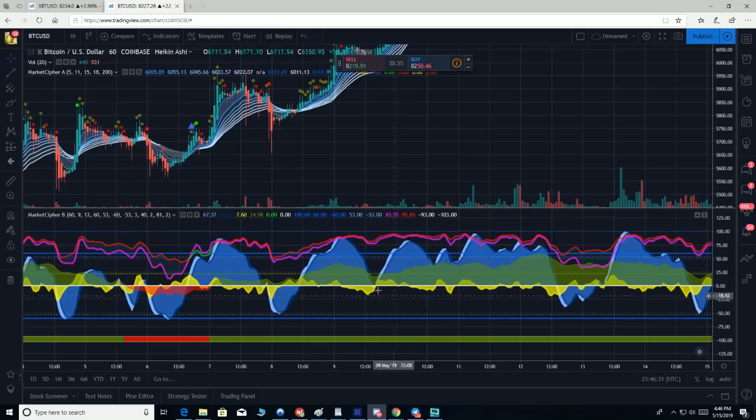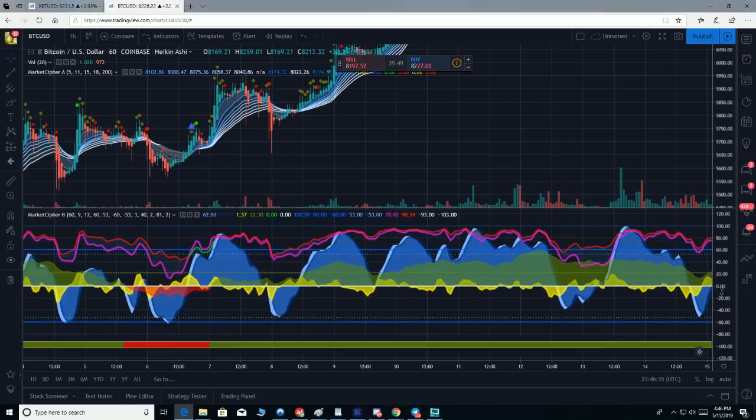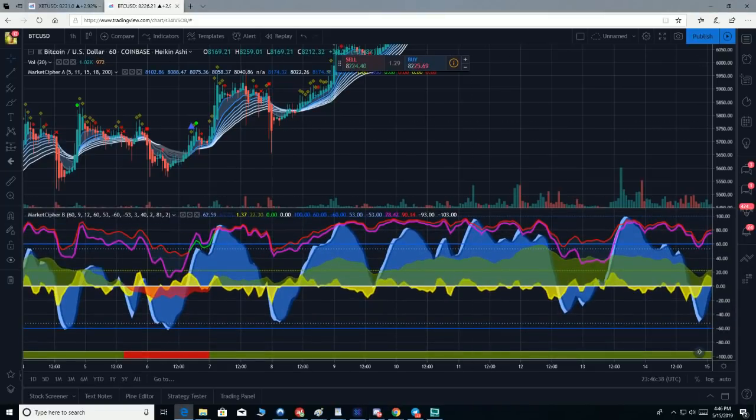Next, the yellow wave. This is based off of something called VWAP. Stands for volume weighted average, daily volume weighted average.